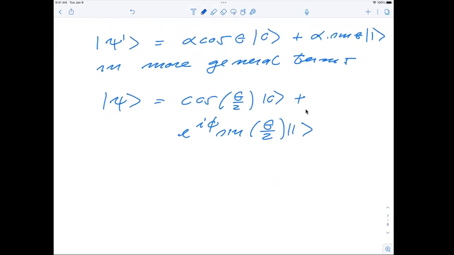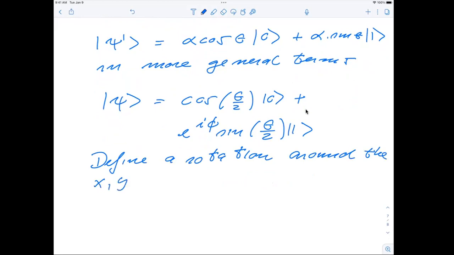So one of the things which is useful then is to define a rotation matrix. And probably some of you have seen it, but we are coming back to this in connection with the Bloch sphere. So define a rotation around the X, Y, and Z axis.